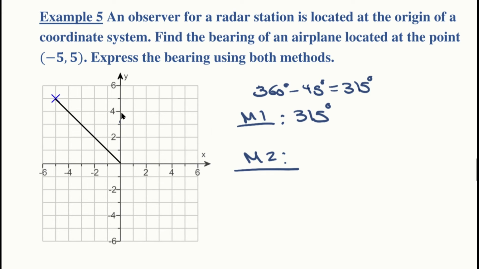So north 45 degrees west. And that would describe it. So whether you give this method's result, which is 315 degrees, or this one, you'll be describing the exact same bearing, except using different methods. That's it.